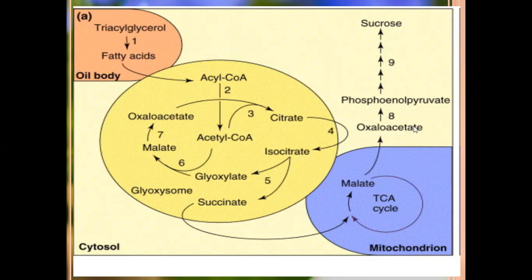These four carbon atoms of oxaloacetate are converted into glucose or sucrose. It gives energy to the seeds for germination. The glucose or sucrose gives energy for seed germination. So by this process, seeds gain energy for germination. It is the glyoxylate cycle.